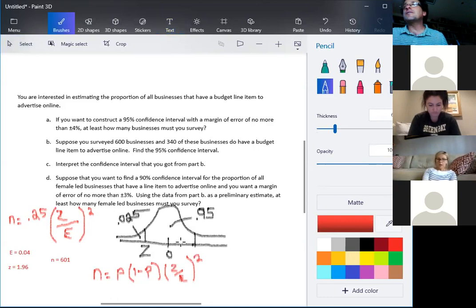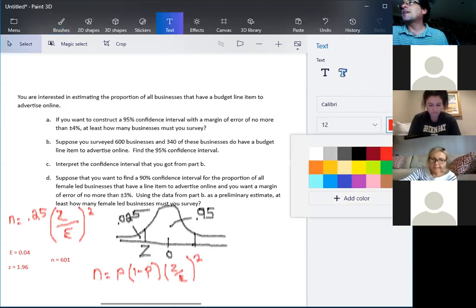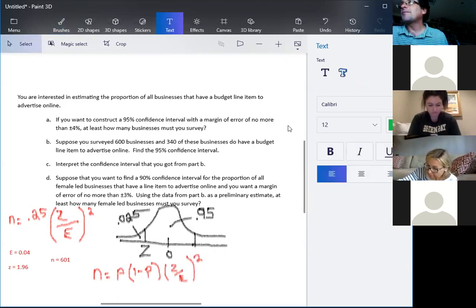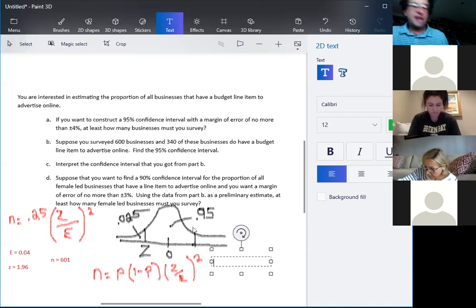So now, for the preliminary estimate, let's see what we've got. Let me change the color so we can do it in a different color. How about light green? So now we have E is equal to 3%, so 0.03.